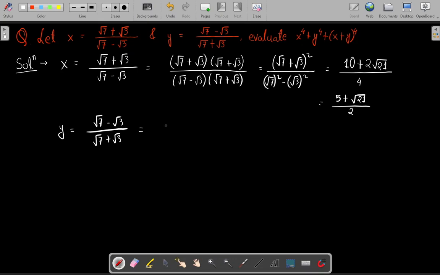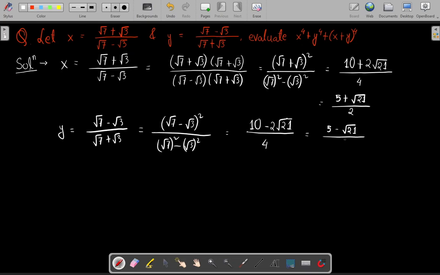If we follow similar steps by rationalizing, we get (root 7 minus root 3) whole square in the numerator upon root 7 square minus root 3 square, which will give us (10 minus 2 root 21) upon (7 minus 3, which is 4), so we get (5 minus root 21) upon 2. Okay, so far so good.